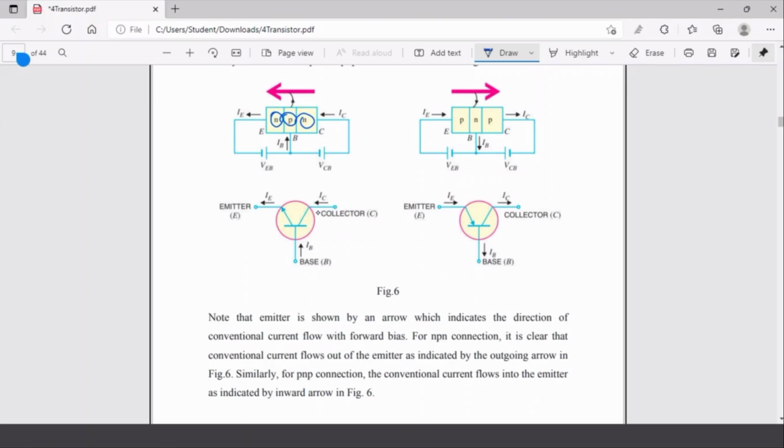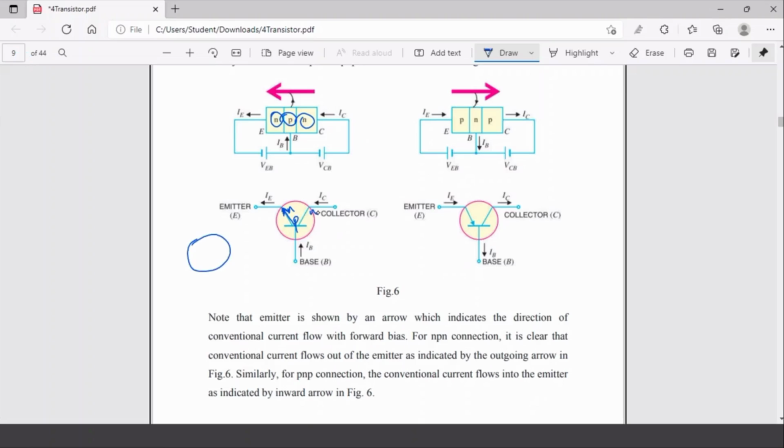So this is N, this is P, and this is N. From P to N is the current flowing. That is why, for an NPN transistor, the arrow is pointing out like this.